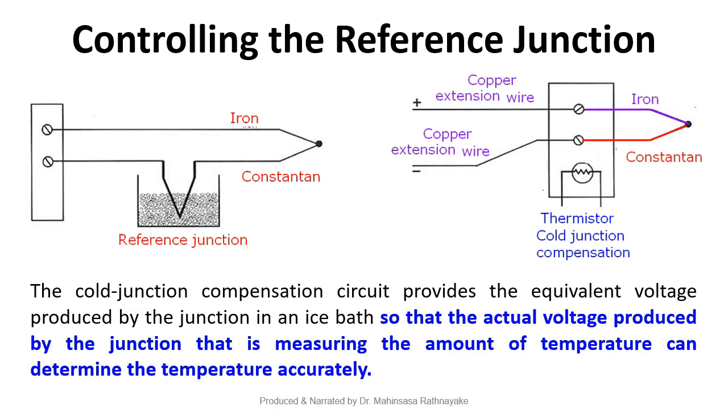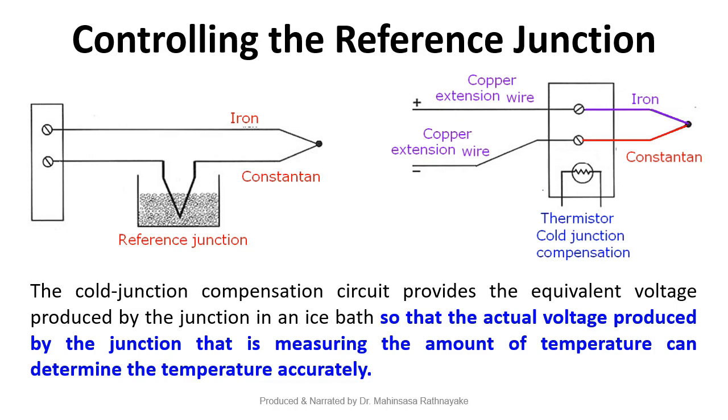Then we discussed that when using thermocouples for temperature measurement, there should be a reference junction. The reference junction would be an ice bath that can be named as cold junction. The actual voltage produced by the junction that is measuring the temperature can determine the temperature accurately. And normally we have to compensate the reference for the measurement.